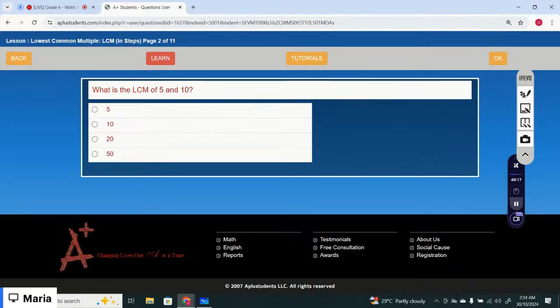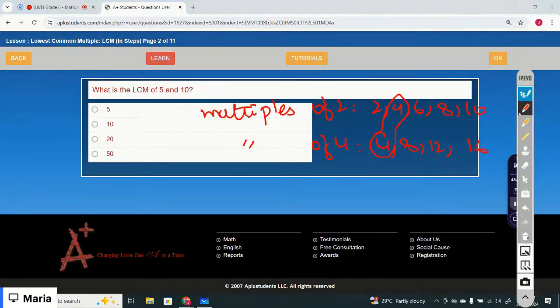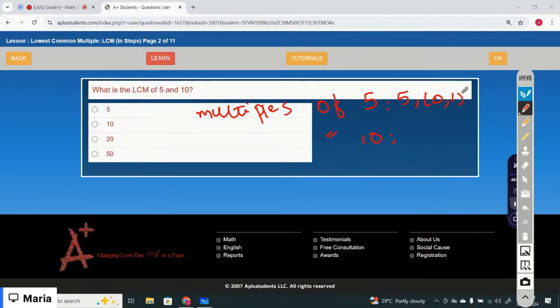What is the LCM of 5 and 10? Let's write down the multiples of the numbers. The multiples of 5 are 5, 10, 15, 20. The multiples of 10 are 10, 20, 30, 40, and so on.